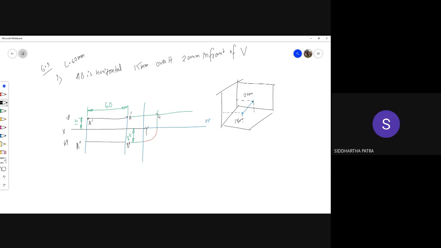So whenever you are projecting a straight line, it essentially means that you are projecting two different points which represent the two ends of the straight line. Okay, nothing else.